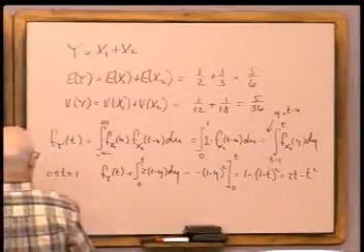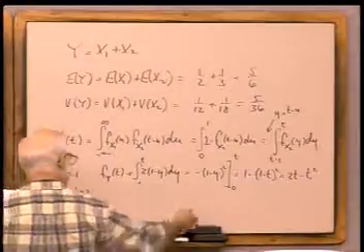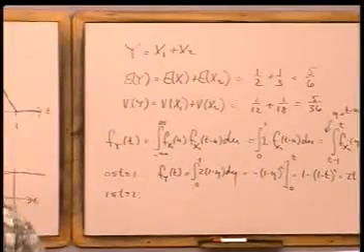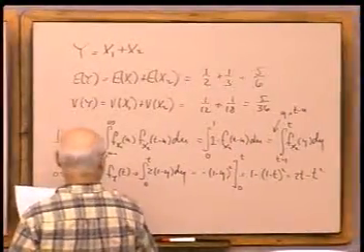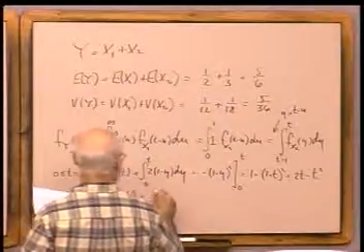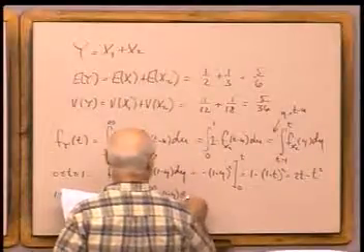Now, when t lies between 1 and 2, again, it's exactly analogous to what was done in case 1. So now we have the density function is the integral. The integrand is the same, 2 times 1 minus y dy.